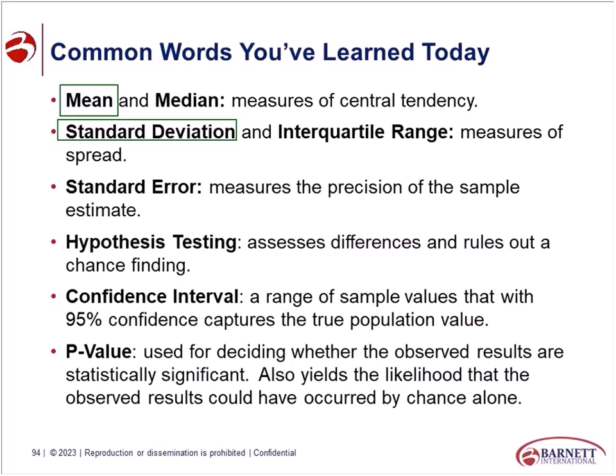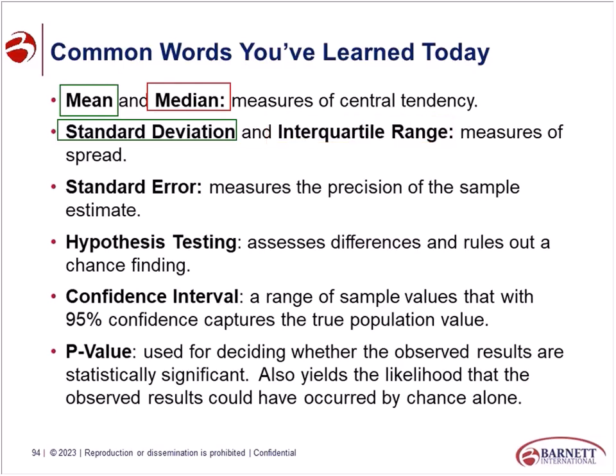Whereas the median is again your best guess at the true value, and the interquartile range is the measure of spread in the observations. They go hand in hand. When you see the mean, you often see the standard deviation. When you see the median, you often see the interquartile range.